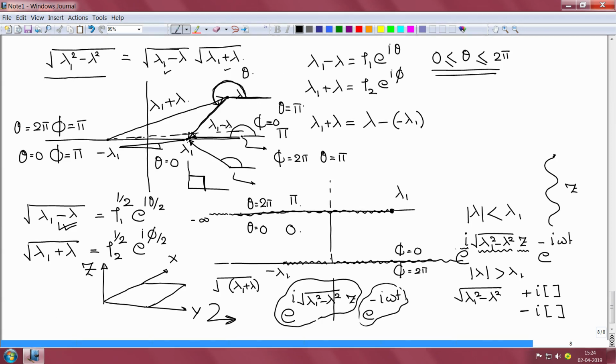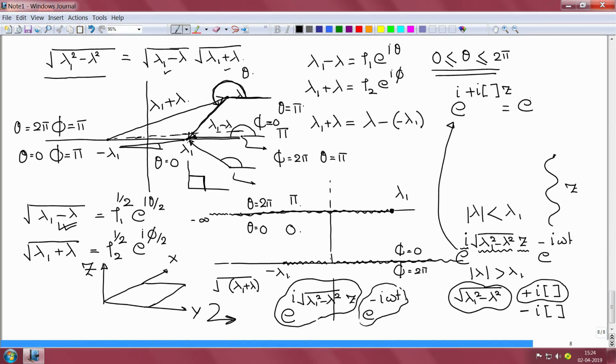Now, let us look at this here where we have some room. If I take the positive I value, so I have e to the power of I times square root of lambda 1 square minus lambda square, which is positive I some real number, into z, this becomes equal to e to the power of minus a real number z, which is decaying in the z direction.